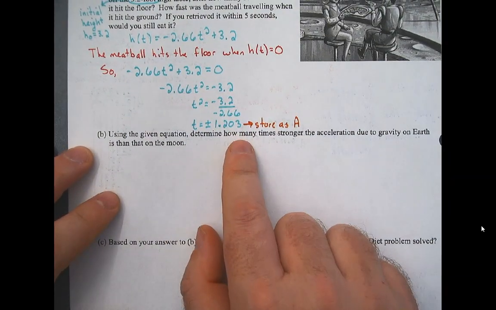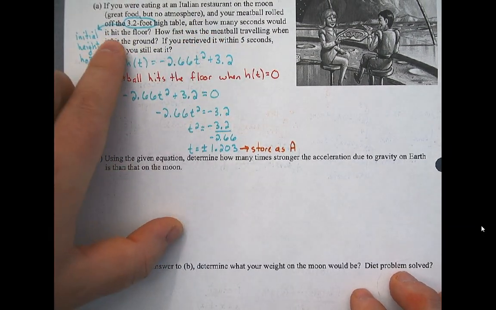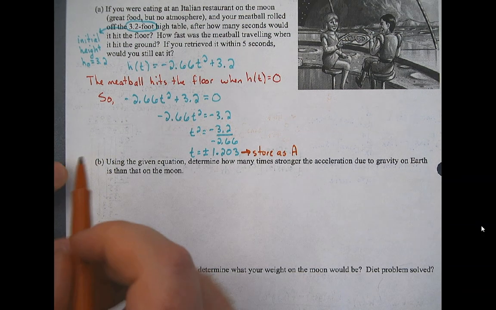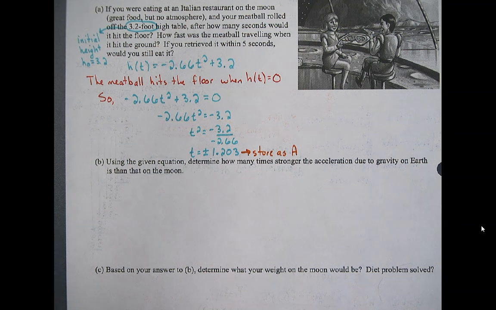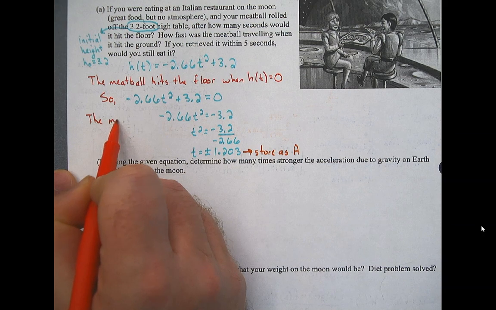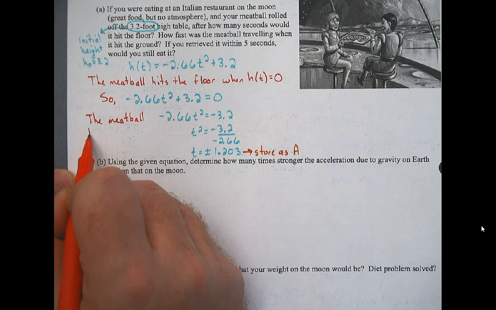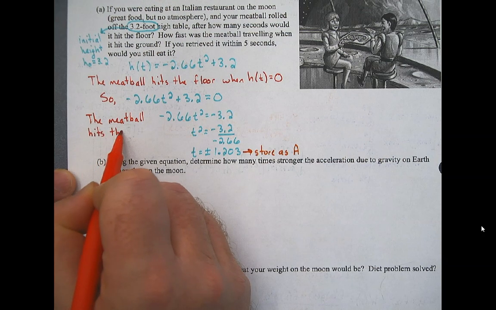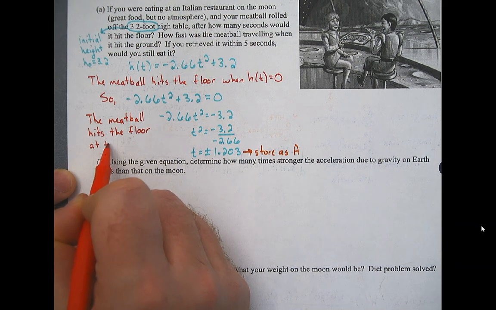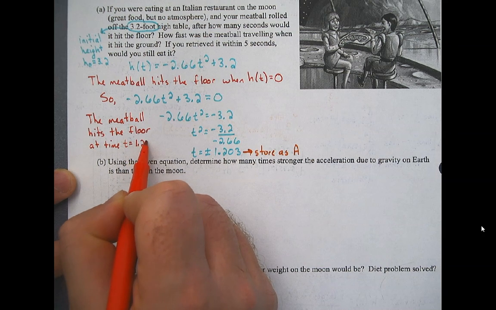Okay, well, let's answer the question here. The question was, after how many seconds would it hit the floor? So the meatball, we'll do a little write-up. The meatball hits the floor at time t equals 1.203.